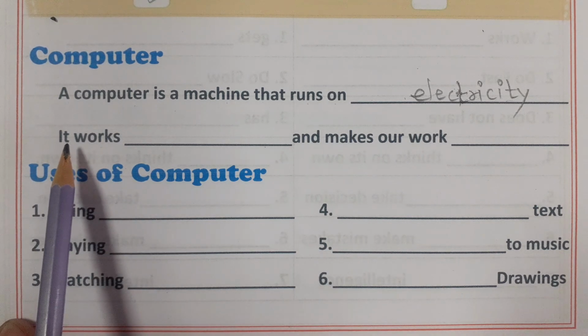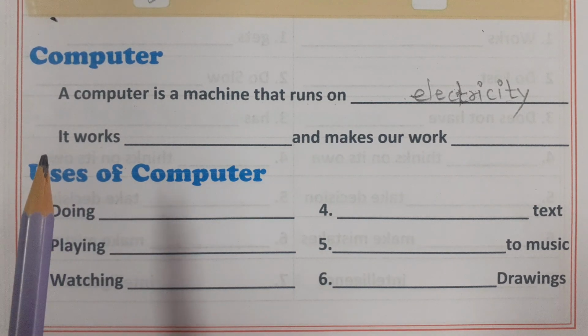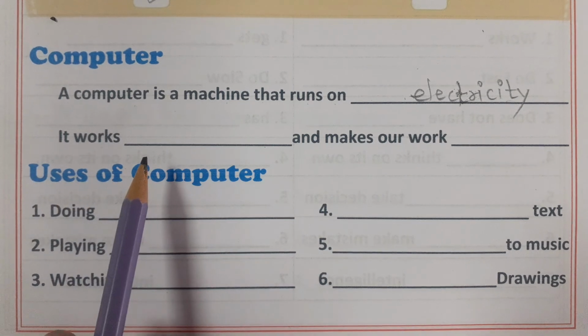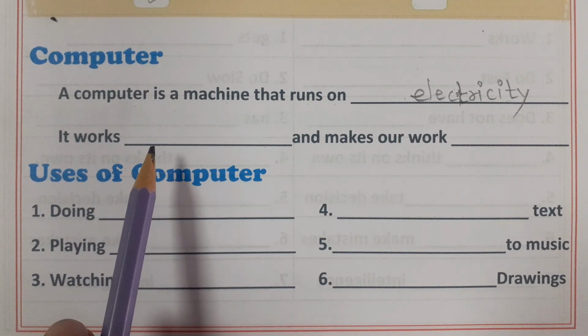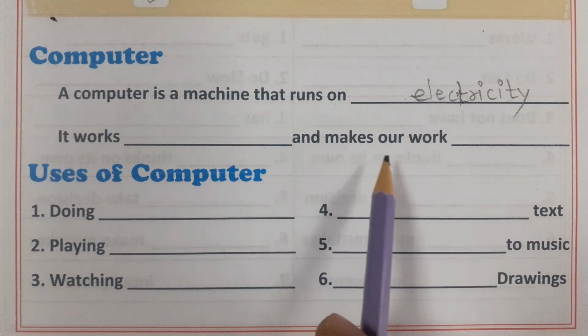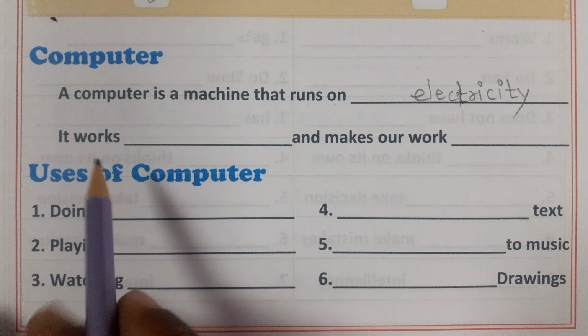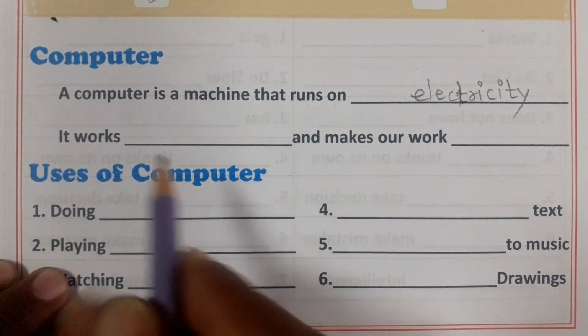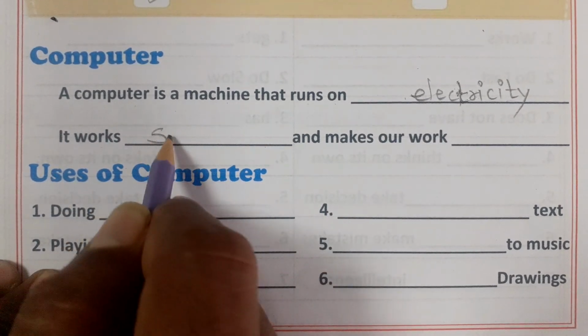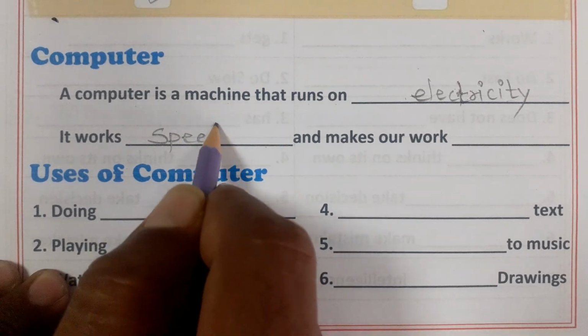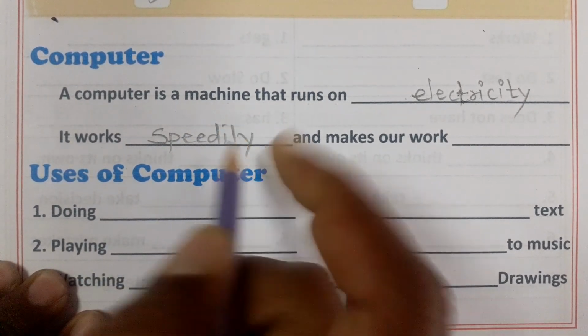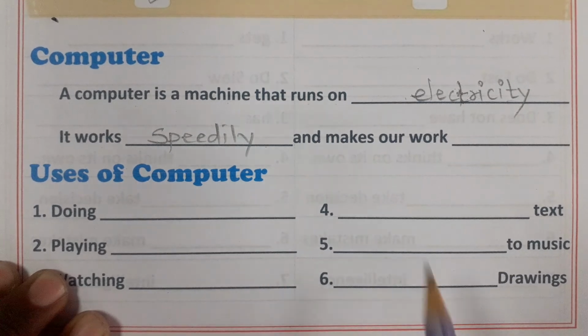Then next, it works speedily and makes our work easier. It works speedily. What do you write here? Speedily. It works speedily, and makes our work easy.